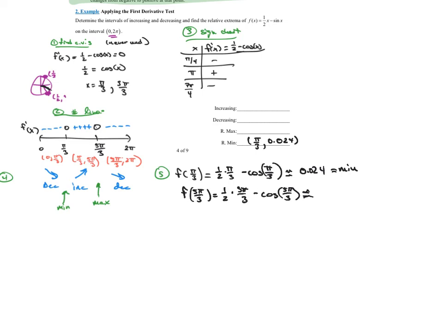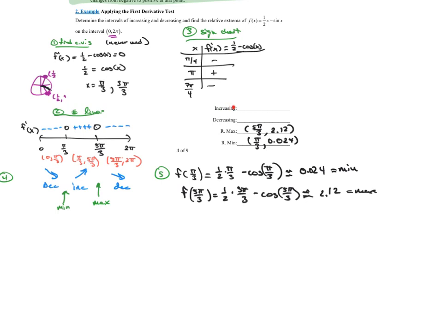Again, we're going to get an approximation here. I'm getting approximately 2.12 if I go to 2 decimal places. So my max is going to be an x value of 5 pi over 3 and a y value of approximately 2.12.